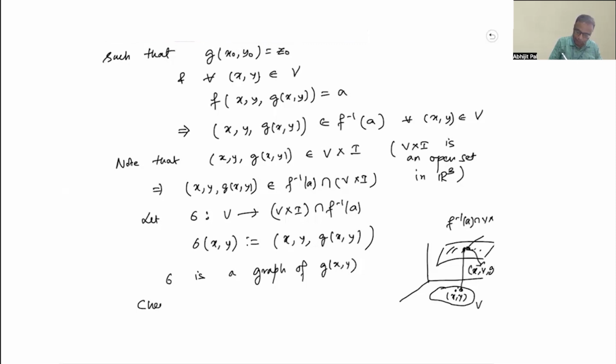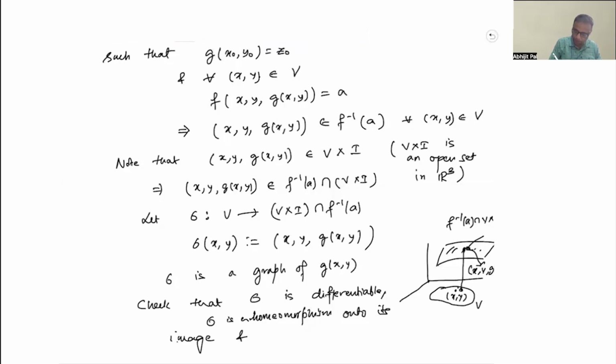So check that sigma is differentiable, sigma is a homeomorphism onto its image, and T sigma restricted to any point (x, y) in B is injective.